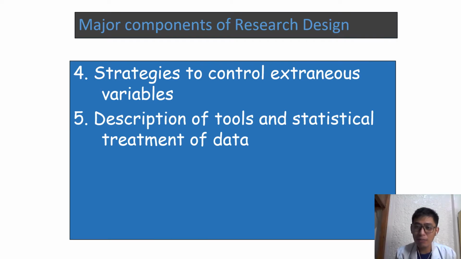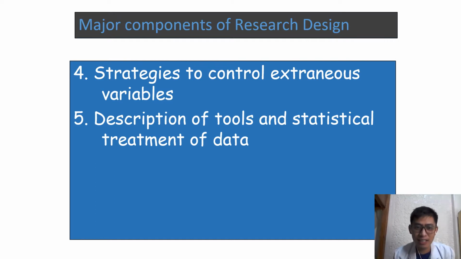In times of pandemic, an external factor is culture. So what is the culture in Batangas? What's the culture in the northern part of the Philippines? For us to control that variable, we use research design and planning to trim down the specific research question you want to answer.